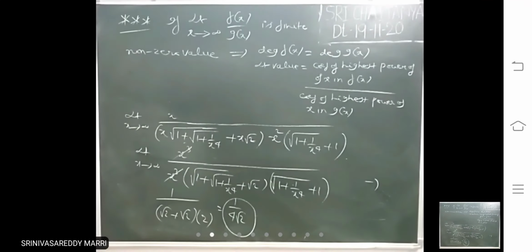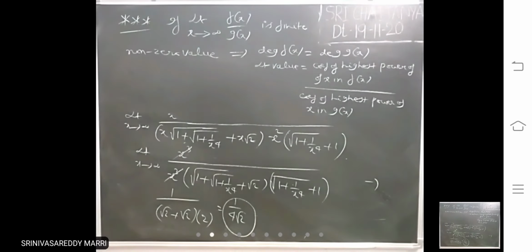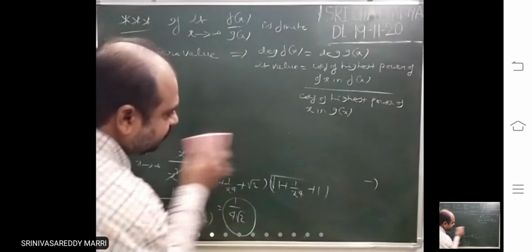The finite non-zero value will be there if both degrees are equal, and the limit value is nothing but this, that we have discussed. Now for that, what to do?